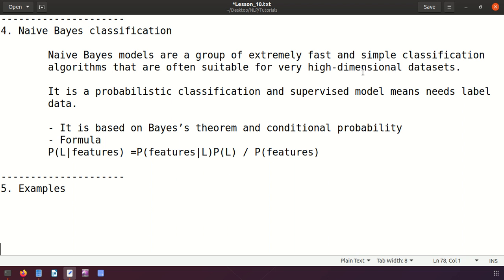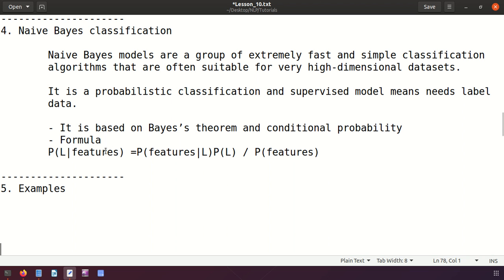If we have high dimensional data sets, we will be using naive Bayes. It is recommended. It is a probabilistic classification in a supervised model, meaning it needs labeled data, as we discussed before.